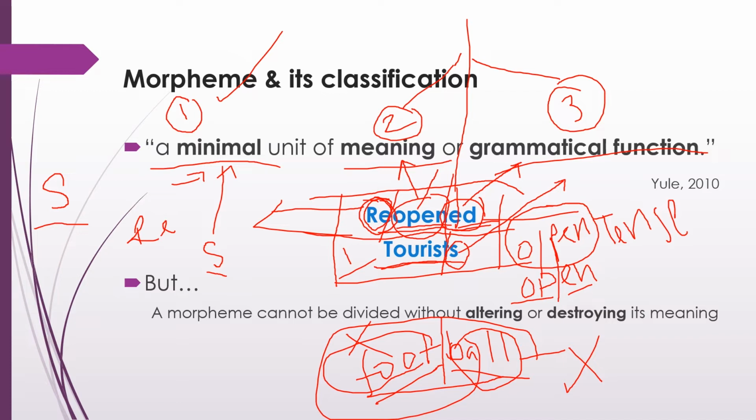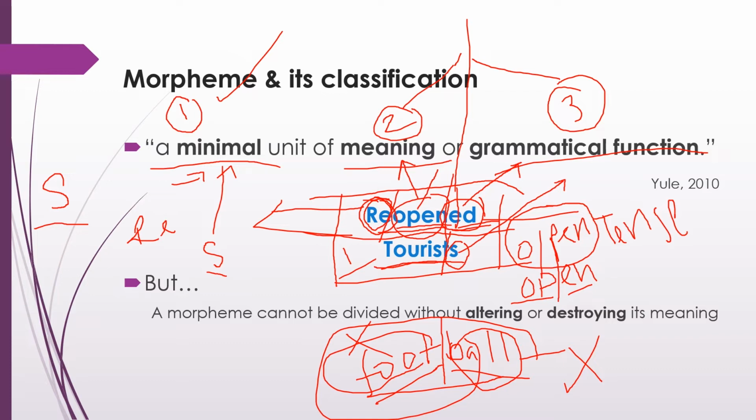So we cannot separate this. So it should be the minimal unit of a morphological form. And the second condition is that either it should produce meaning or it should depict grammatical function in order to be a morpheme.